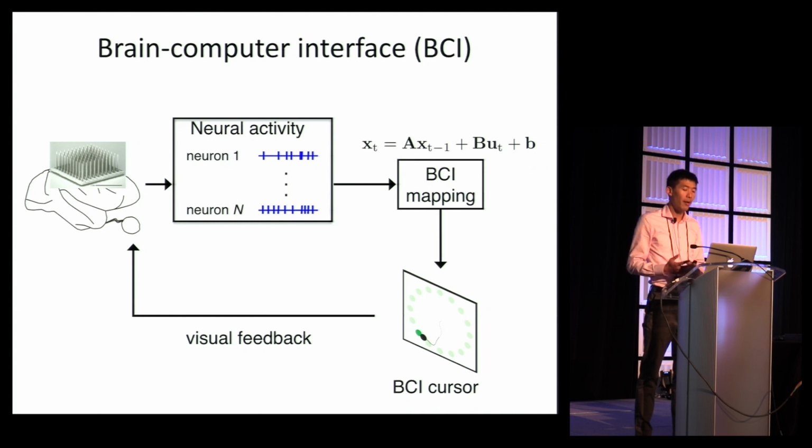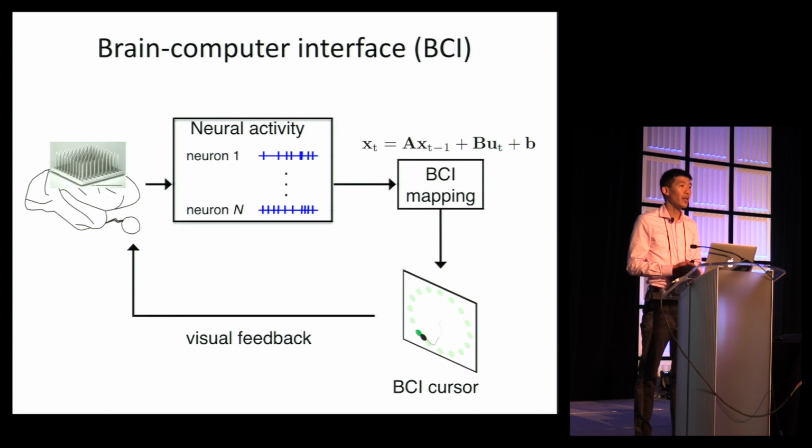Here, x sub t is a two-dimensional vector: the horizontal and vertical velocity of the cursor. x of t minus 1 is the velocity at the previous time step. u of t is a vector representing the spike counts from each of the neurons that we record from at the same time, so the length of this vector is the number of neurons we record simultaneously. Big A, big B, and little b are the parameters of our BCI mapping.